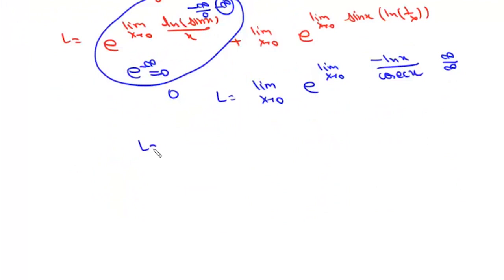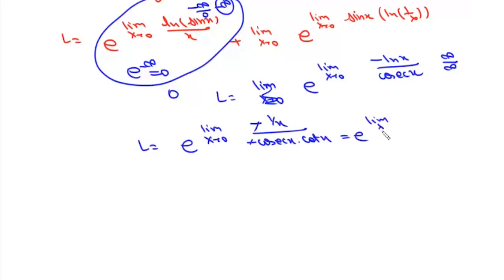Now we use L'Hopital's rule, so it will be e to the power limit x tends to 0 of minus 1 by x upon minus cosec x into cot x. Minus and minus will cancel.